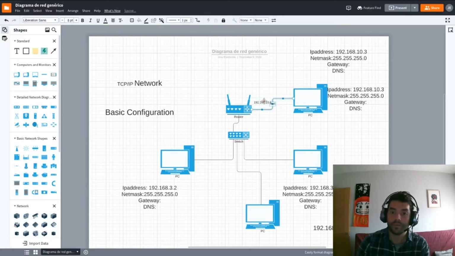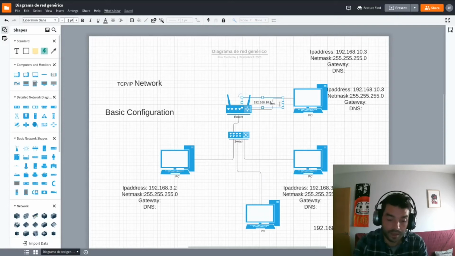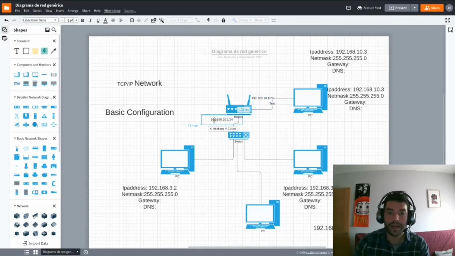Remember, it needs also a mask. I'm gonna put a mask like this. If you put this, you are saying that the mask is like this one, 255.255.255.0. Okay, what else? It needs to have one address in one network and one in another.